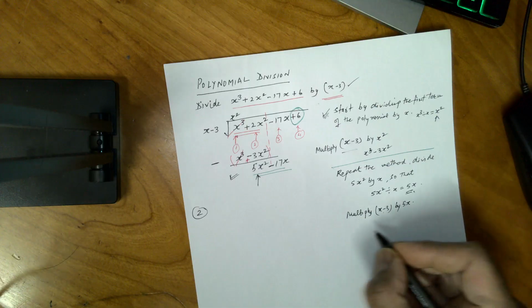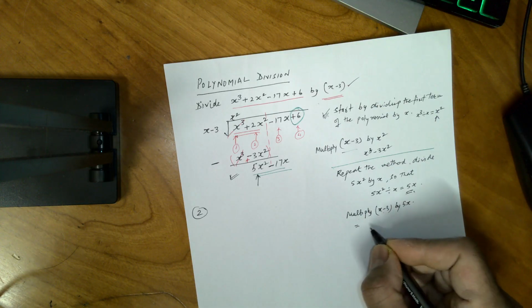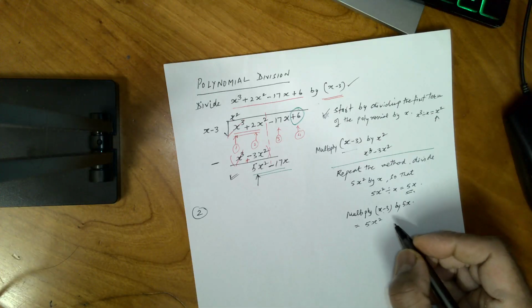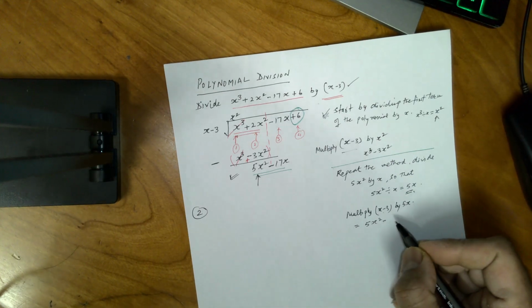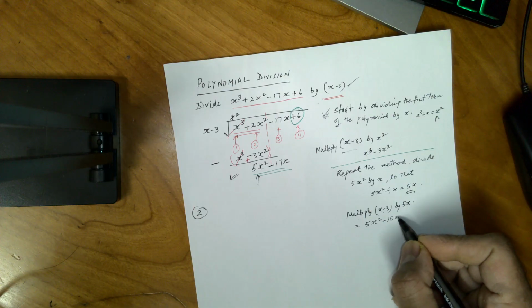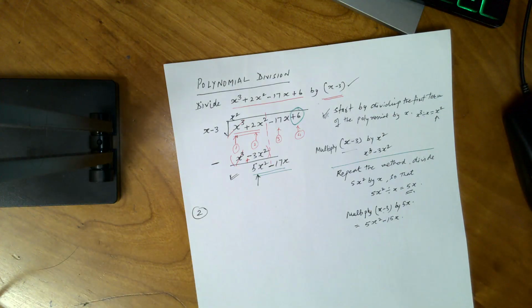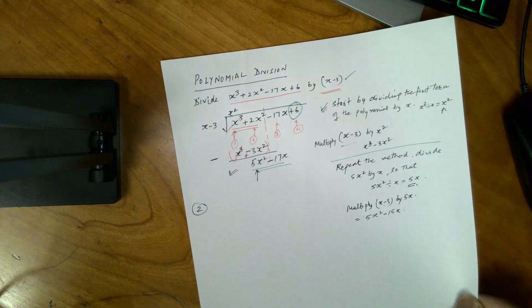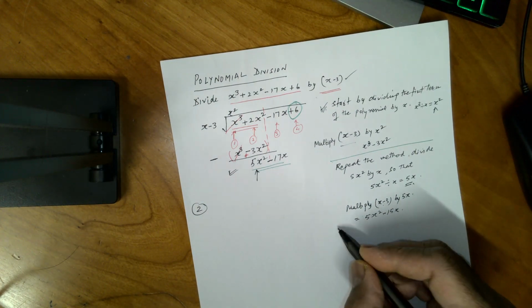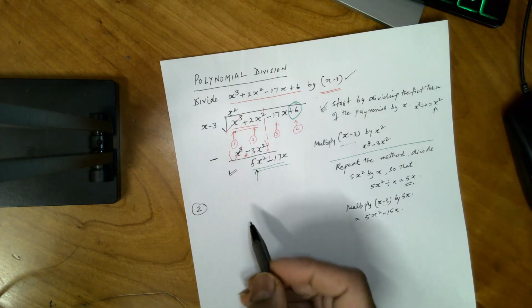And what you will actually get is 5x squared minus 15x. Got it? Right. Now, this is your second step, I should say.